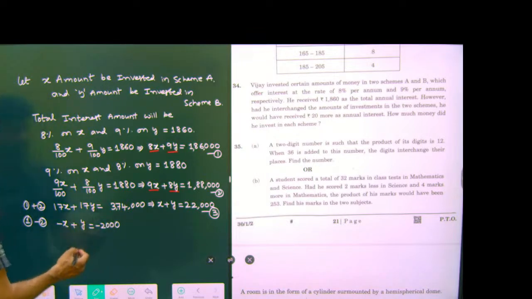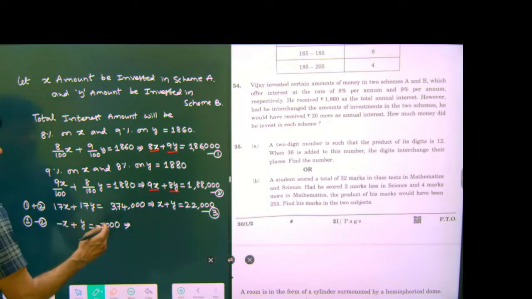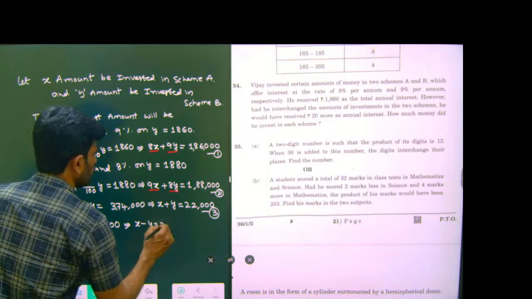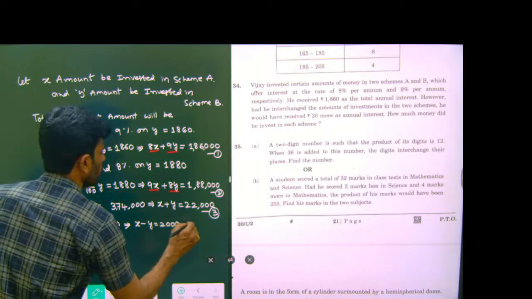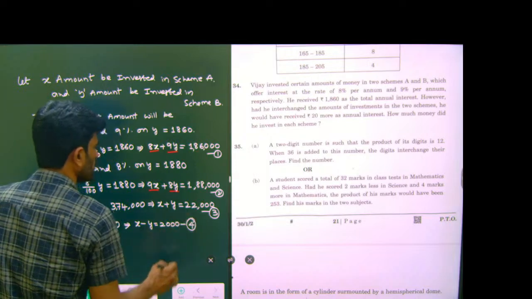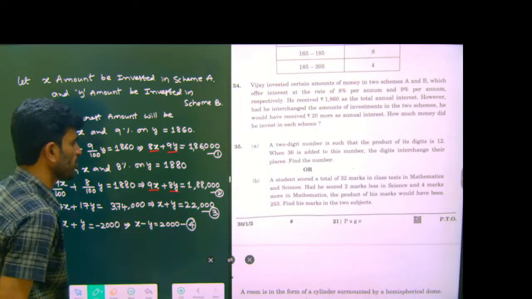For simplification, multiply everywhere by minus, so that we get x minus y is equal to 2,000. This is equation 4. Now x plus y is equal to 22,000 and x minus y is equal to 2,000.